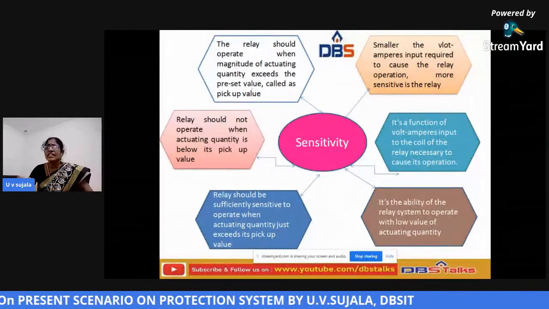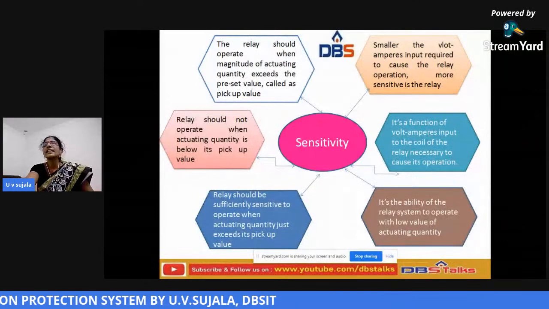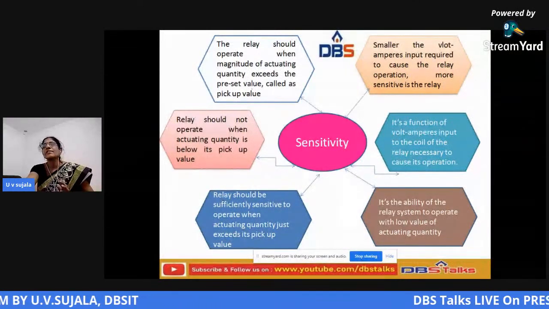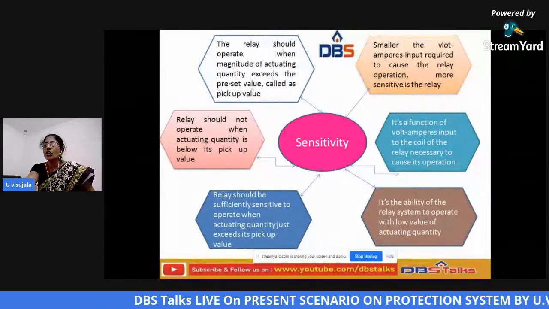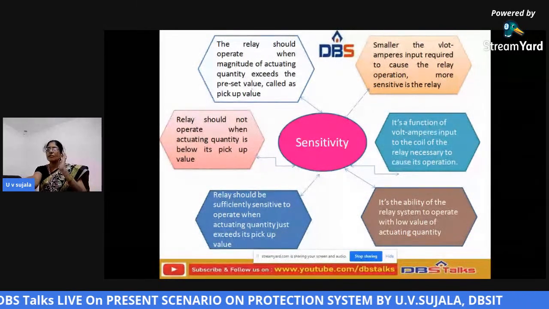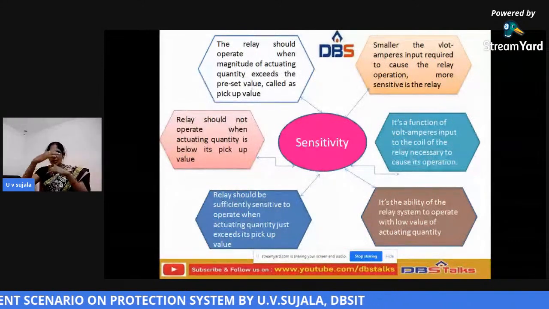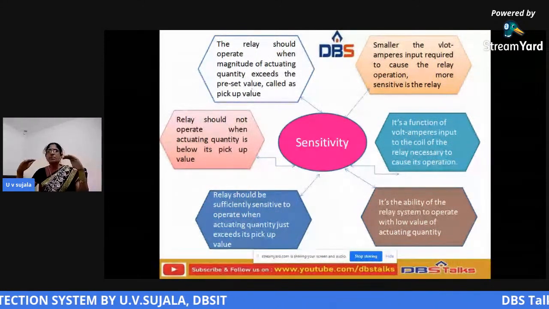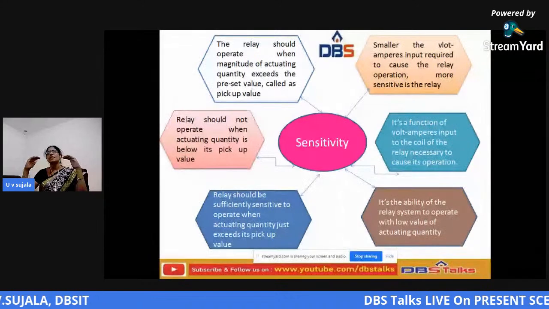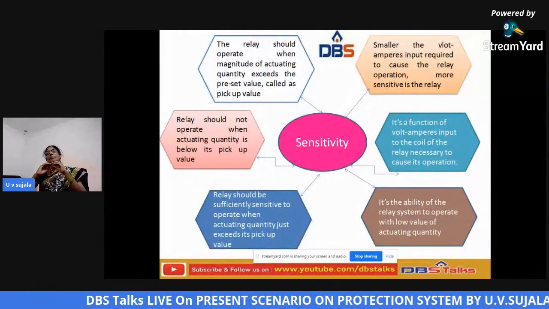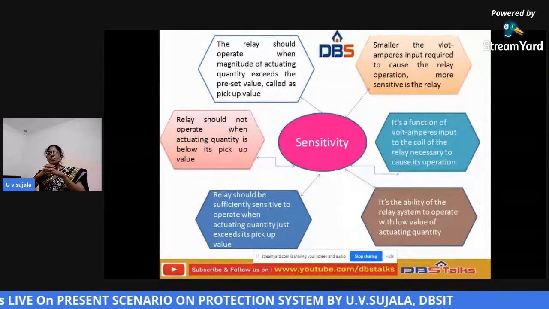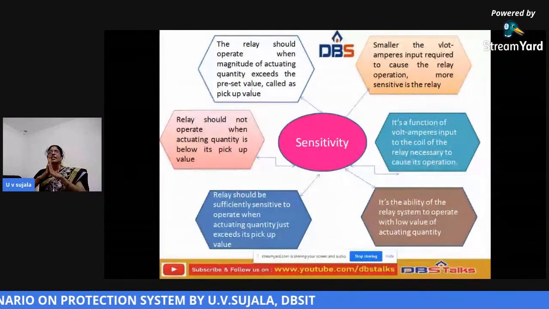Next, it is the ability of the relay system to operate with a low value of actuating quantity. Whatever the low values may be, the relay system must operate for that purpose. The main function of the input to the coil is really necessary to cause it to operate.